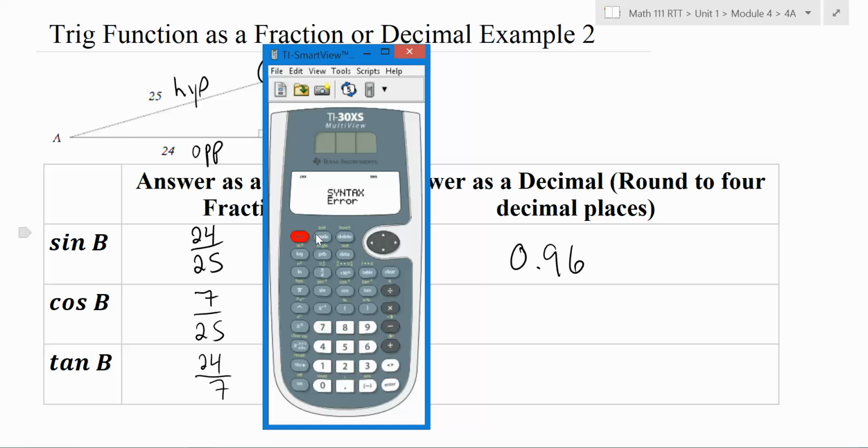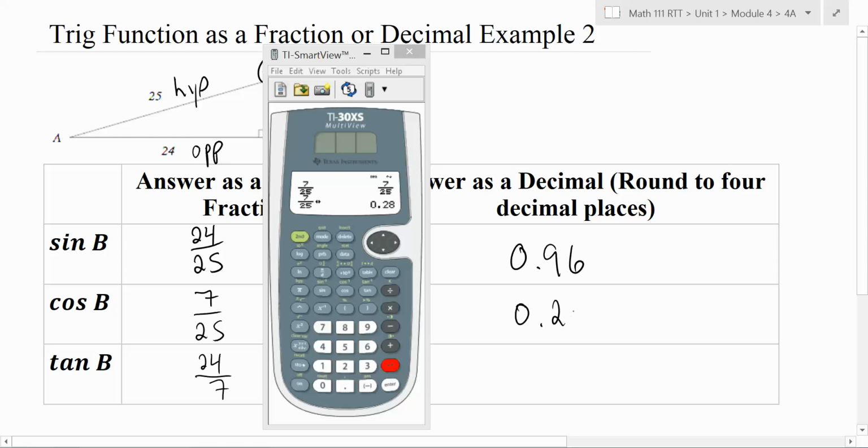Oops, I typed that wrong. So we're going to go ahead and, we'll hit the clear. So I actually didn't hit the down arrow, we can see. So I can arrow back up there and delete those off and go down and hit the 25. And if we turn that into a decimal, it's 0.28.